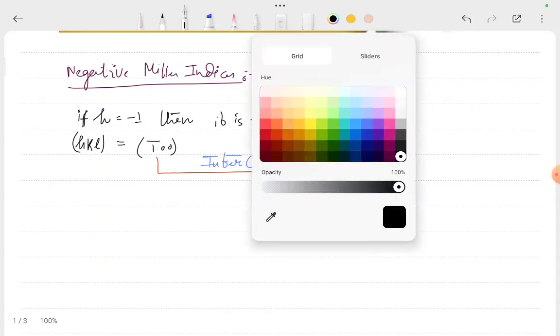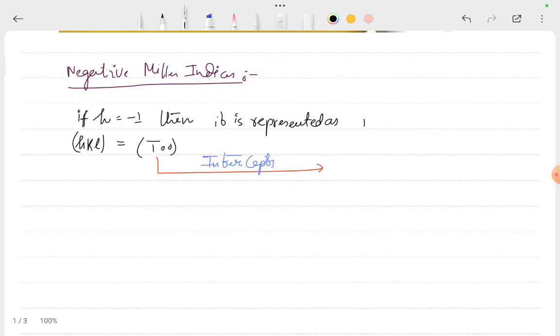How can you find the intercept? Just take the reciprocal of the Miller indices, then we get the intercepts. Its value is -1, infinity, infinity, as we already discussed in our previous classes. So this is the value of the intercept.